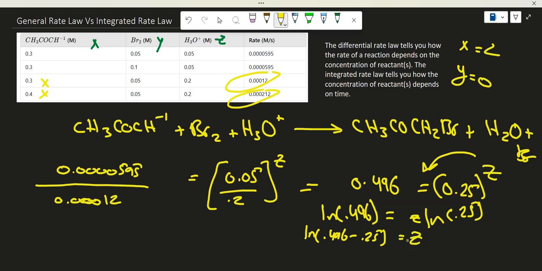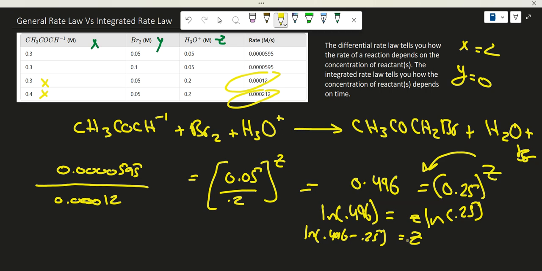So let's do the subtraction one. So whenever you divide natural log by natural log, you take the difference, or you just do numerator minus denominator arguments. So 0.496 minus 0.25, natural log of this answer.